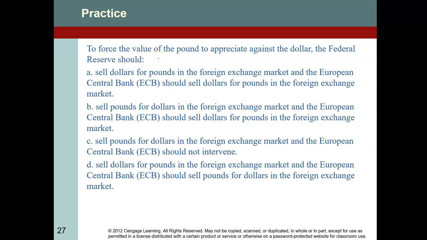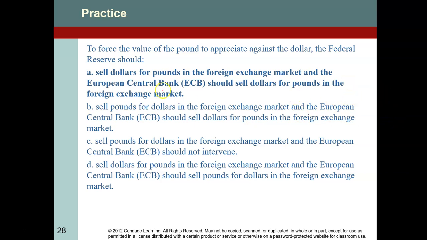and discuss the solution. So here the right option should be A. Here we want the value of the pound to appreciate against the dollar.